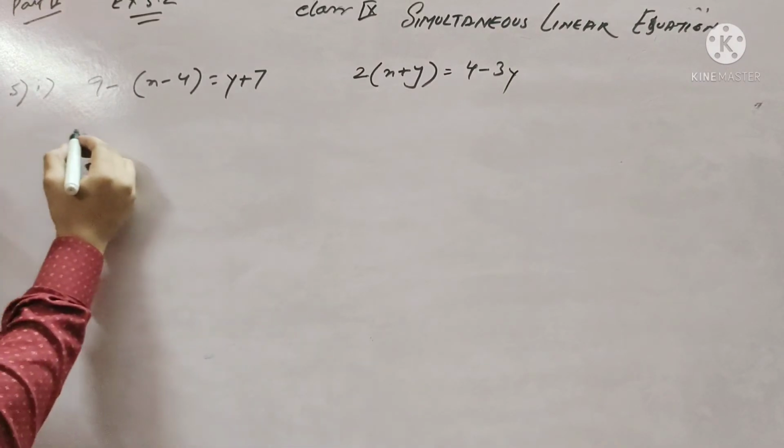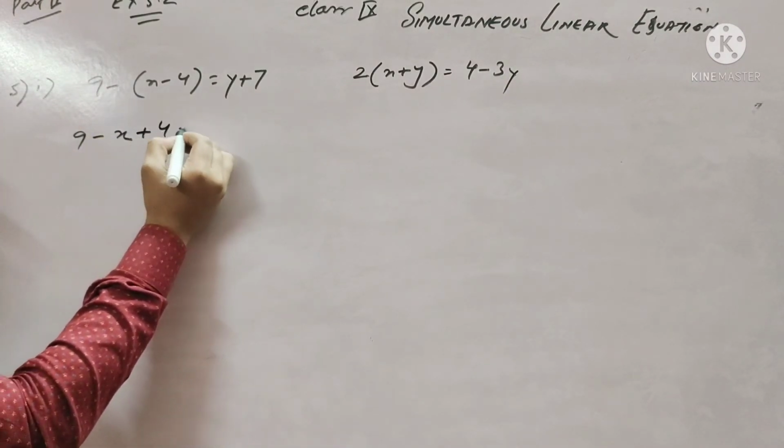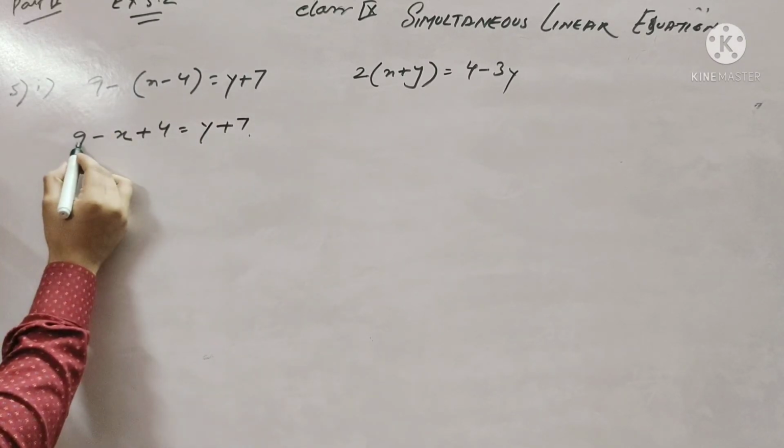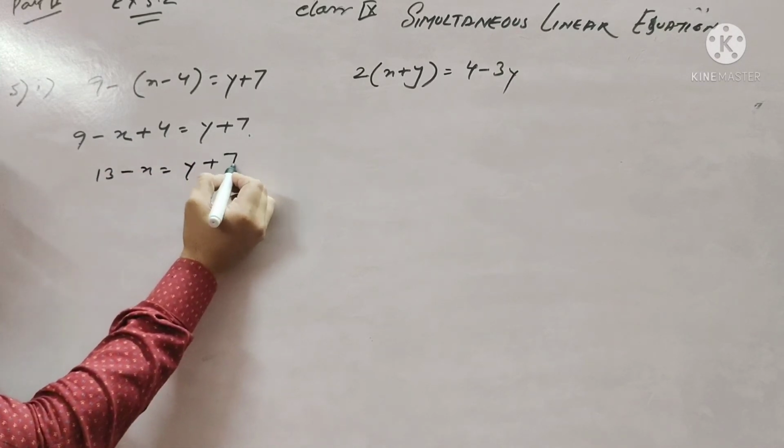So 9 minus x, minus minus plus 4, equals y plus 7. Then here 9 plus 4 is 13, minus x equals y plus 7.